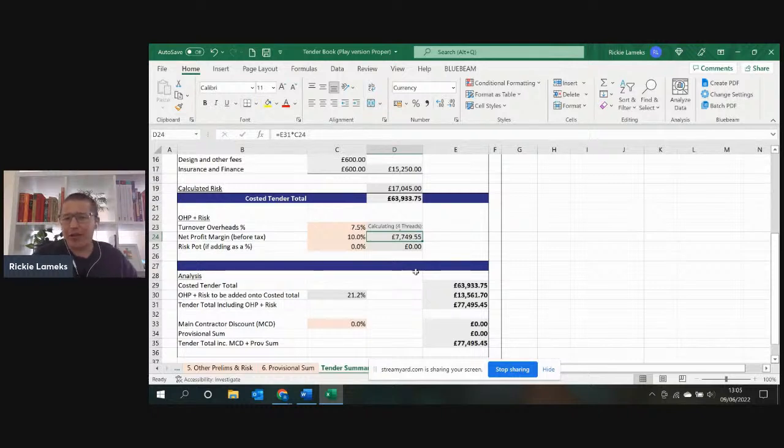For this job, if I turned a profit of 7,700 pounds, am I happy with that? If the answer is no, you probably need to increase it a little bit. You might want to increase it to a figure that you probably are happy to do the job for. If the answer is yes, you're probably about right.